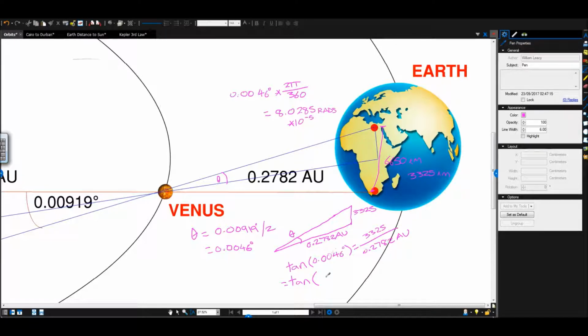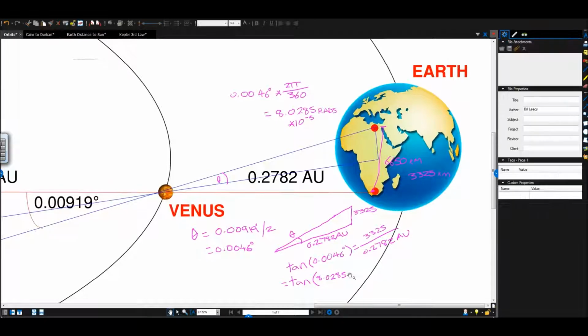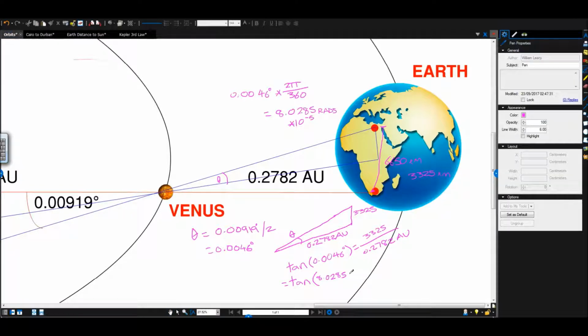So it's very small. So tan of 8.0285 times 10 to the minus 5 equals 3325 over 0.2782 AU.